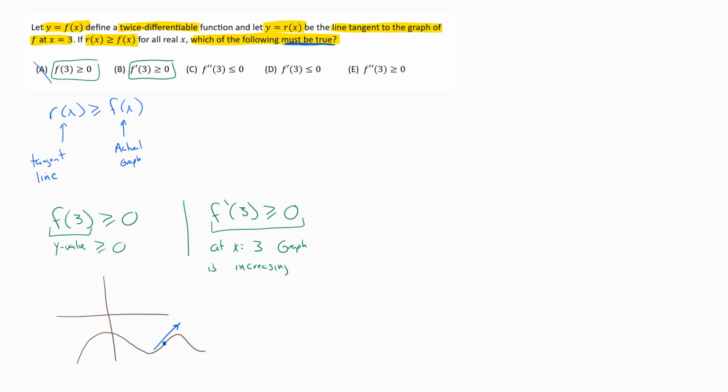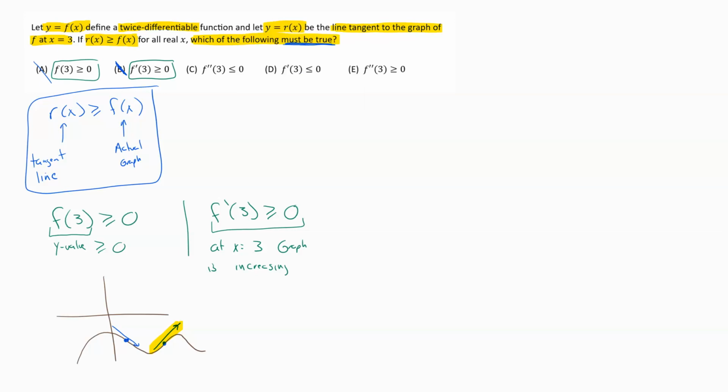If you look at this example I just drew, that could be where 3 is happening. But if all that we know is that our tangent line has to be above our actual graph, for all we know, it could be above it on a section like this, and that would be in a decreasing section. So could B be true? Sure. Is it a must be true? Absolutely not. And so therefore we throw that away.